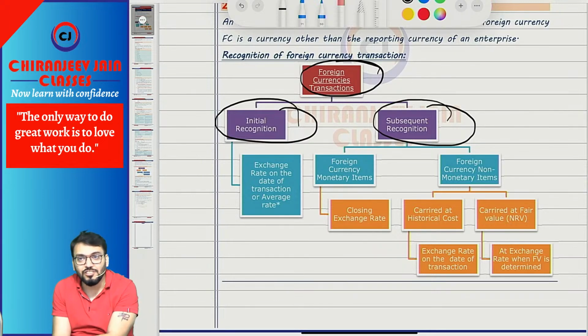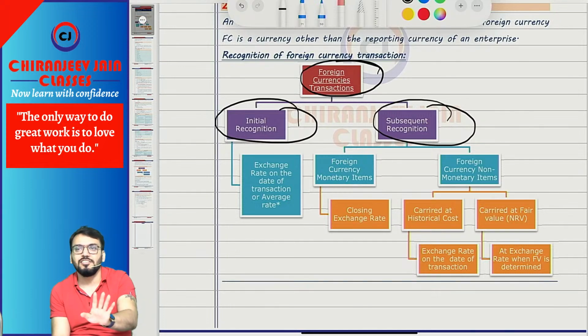And if it is a foreign currency non-monetary item and it is carried at historical cost, then no translation is required. Means you can say it is translated at the transaction exchange rate or initial recognition date exchange rate, so no translation is required on the reporting date or settlement date.